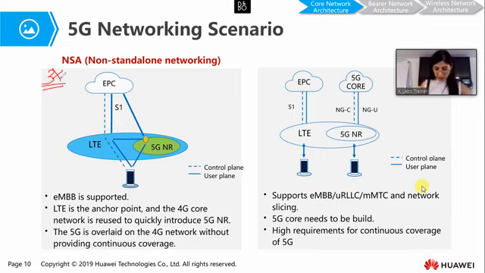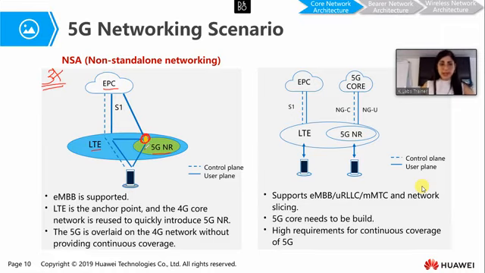Can you recognize that? We have the 4G base station, LTE. We have the 5G new radio. And we have the 4G core network. The anchoring point here is the G node B, so the data split point is the G node B.